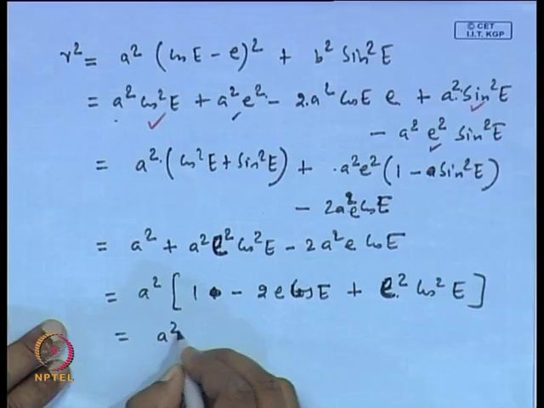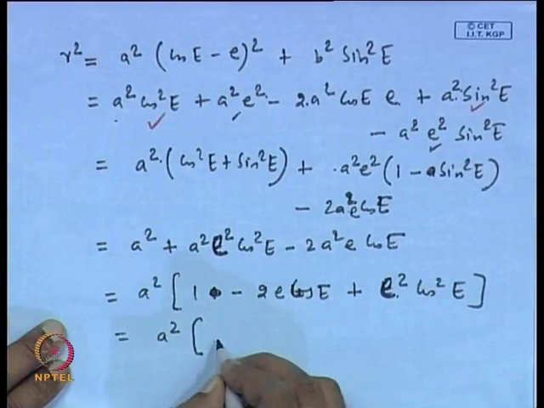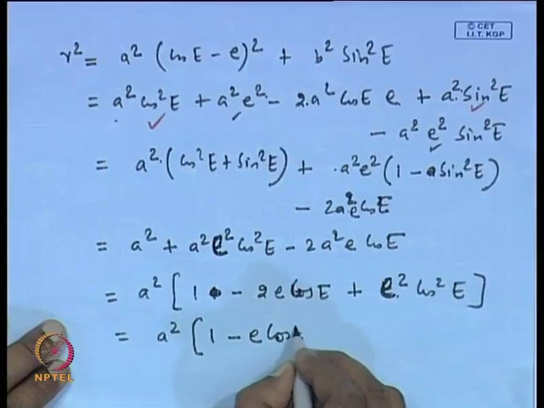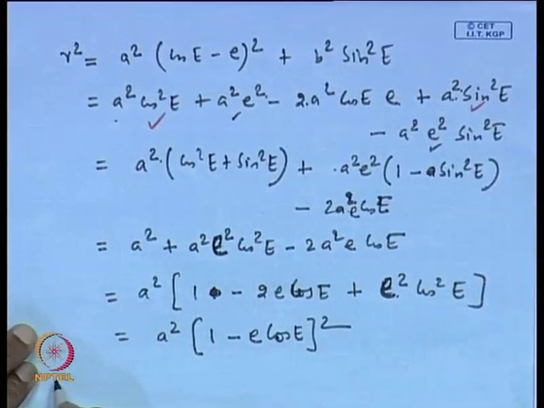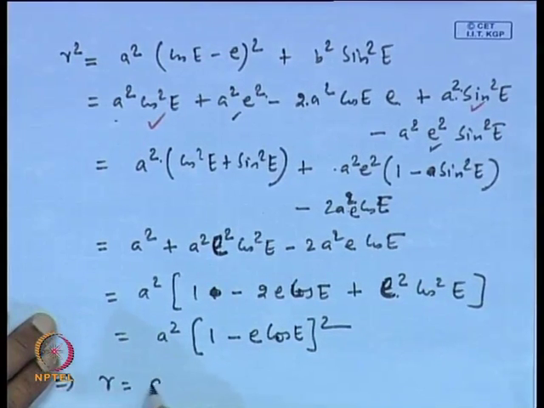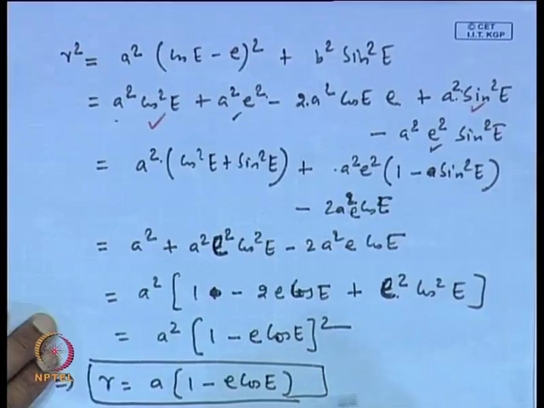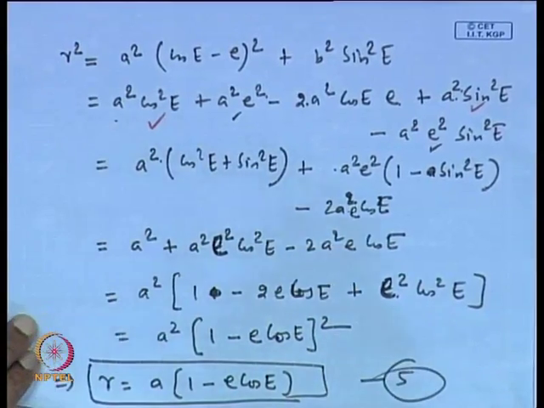So, therefore, the quantity becomes a square times 1 minus e cos e whole square. So, this implies r is equal to a times 1 minus e cos e. This is our equation number 5.